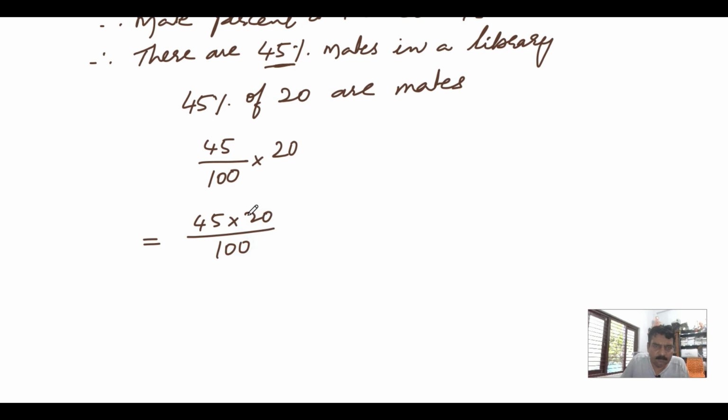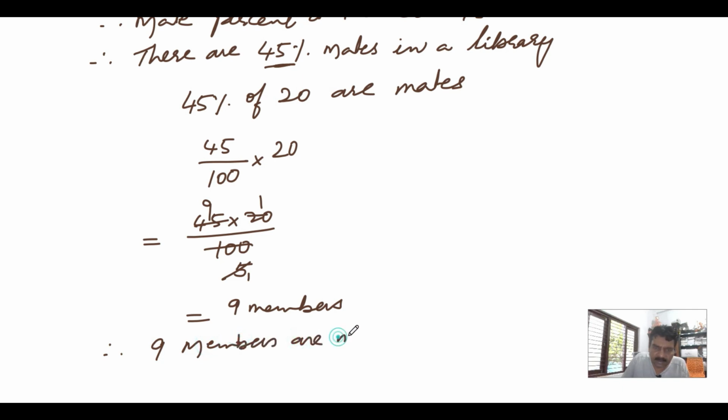So here 20 ones are 20, 25 is 100, 5 ones are 5, 5 nines are 45. Therefore we can say 9 members are males.